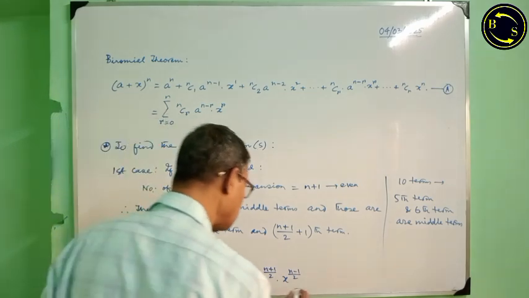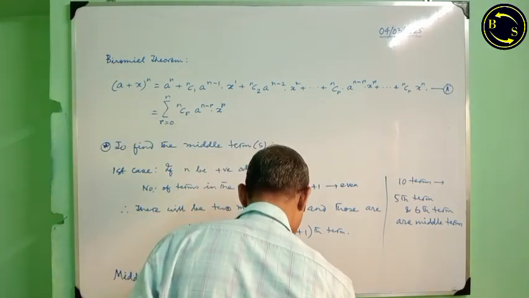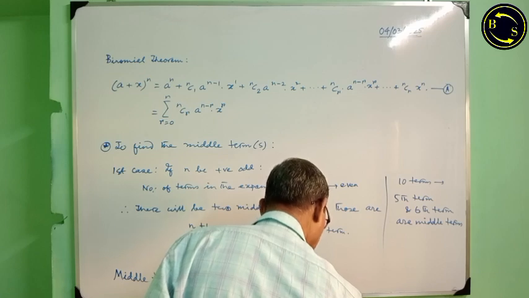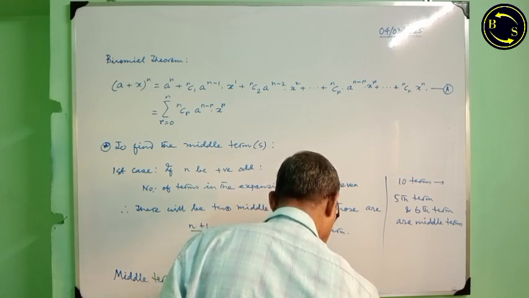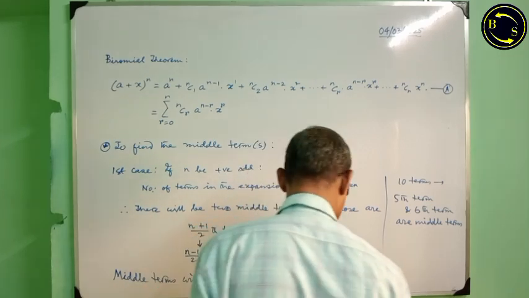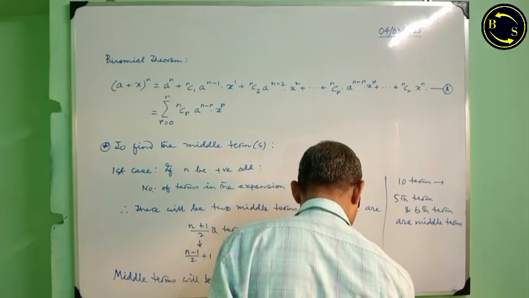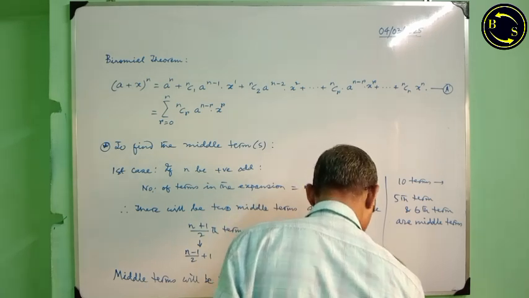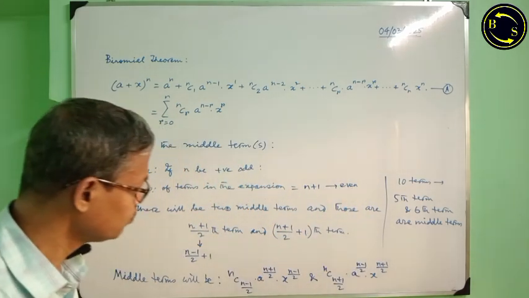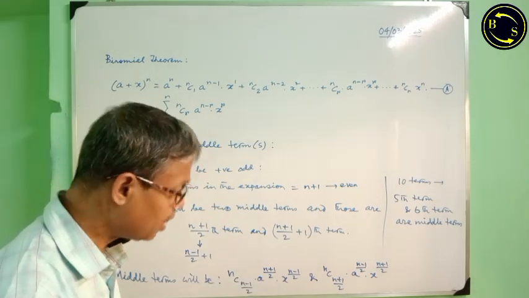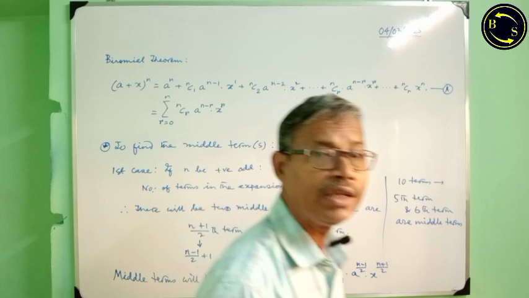Will be this one and nC(n plus 1)/2 a to the power ... These will be the middle terms when n is odd.